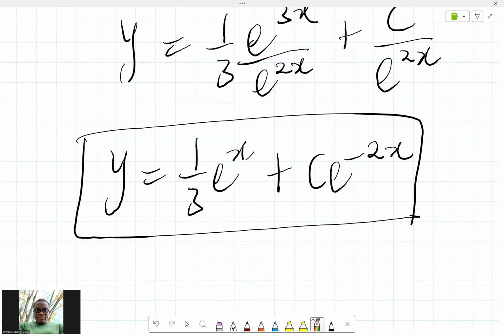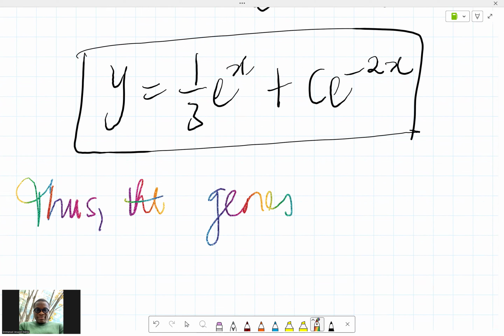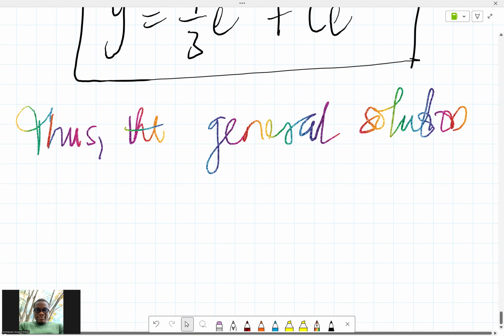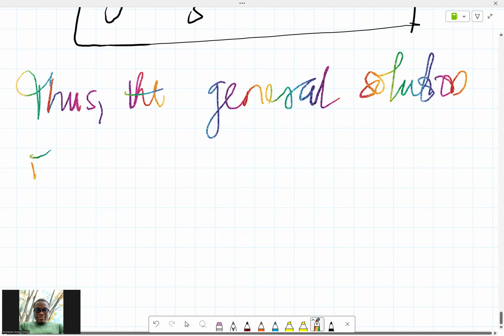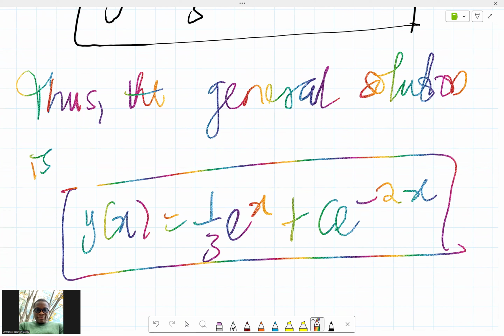So in conclusion, the general solution is y of x equals 1/3 e^x plus c e^(-2x). Since you don't have an initial condition, we don't worry; we cannot have a particular solution.